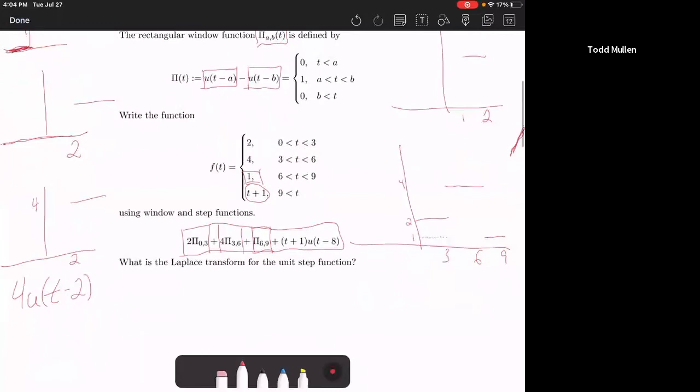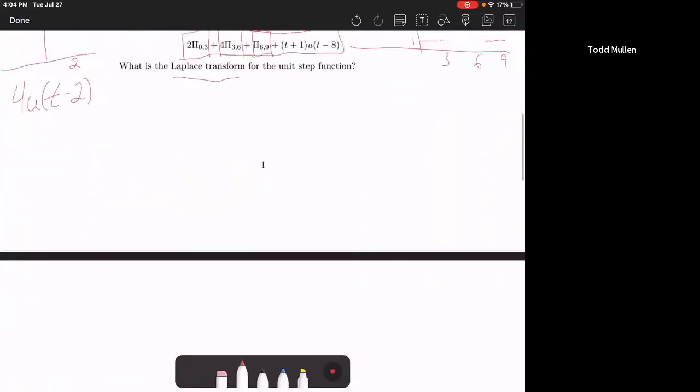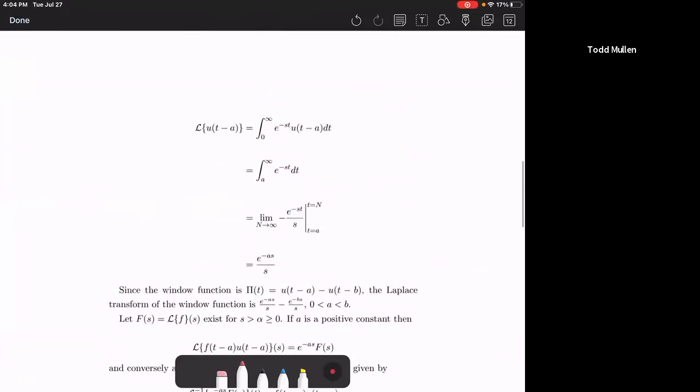So what is the Laplace transform of the unit step function? Well, the Laplace transform of u of t minus a is the integral from 0 to infinity of e to the negative st times u of t minus a. But now we need to think of what u of t minus a is. It's just some function that is 0 until you reach a, and then it starts being equal to 1.